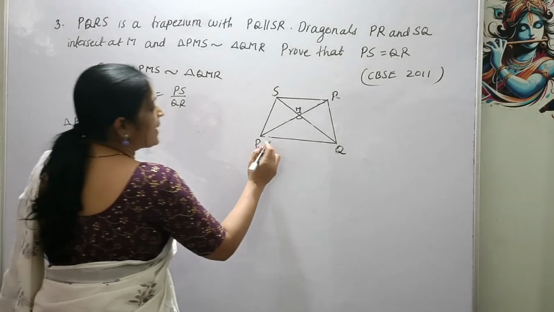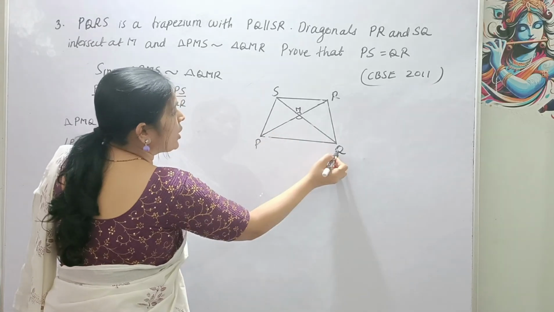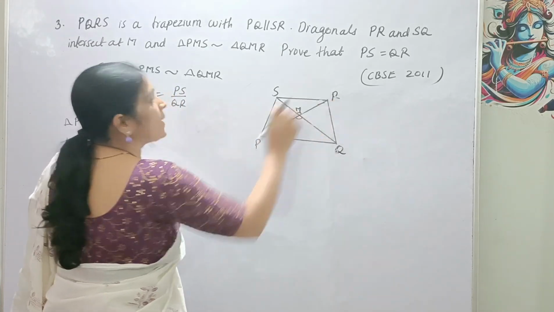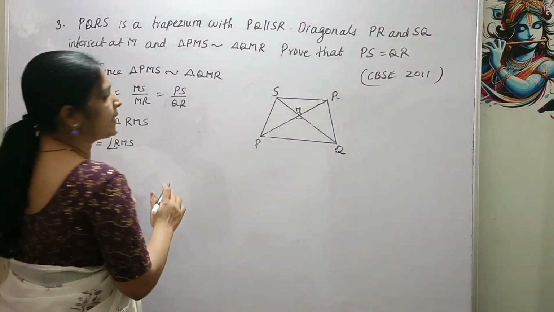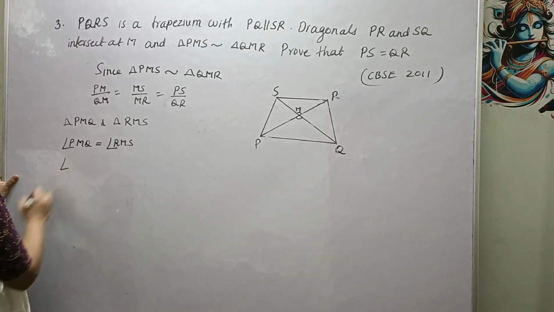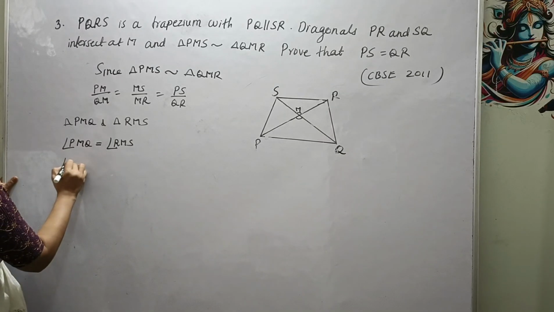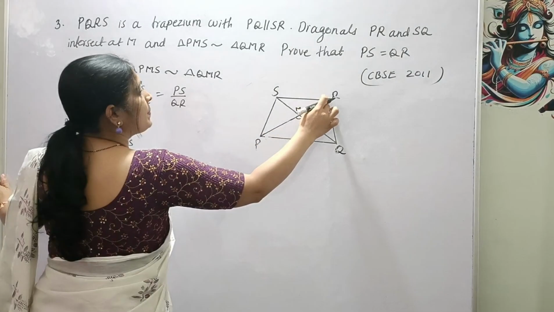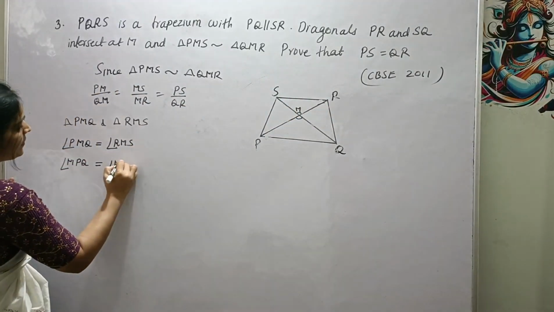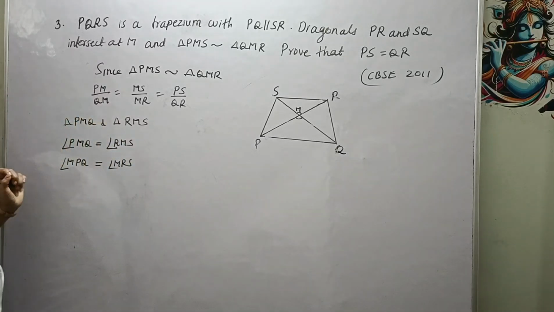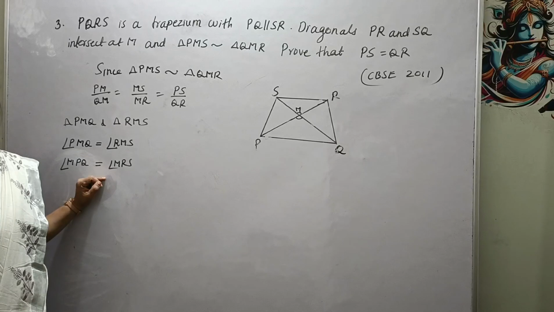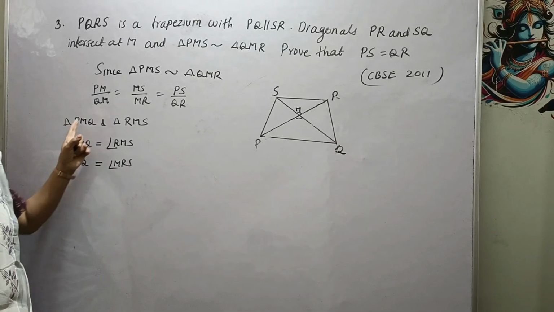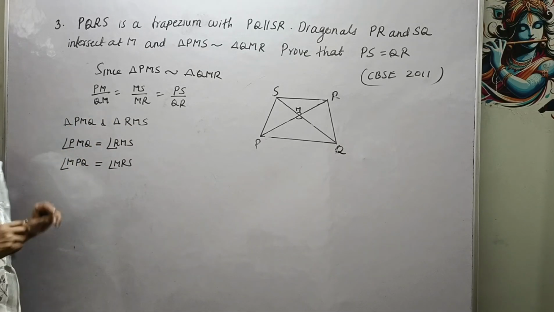And next, see, this angle MPQ and this angle are equal, alternate angles. That is, angle MPQ is equal to angle MRS. Okay, two angles are equal. Therefore, by the AA criterion, we can say these two triangles are similar triangles.